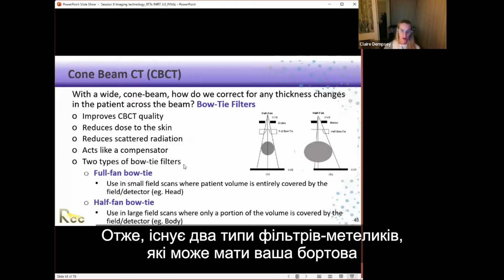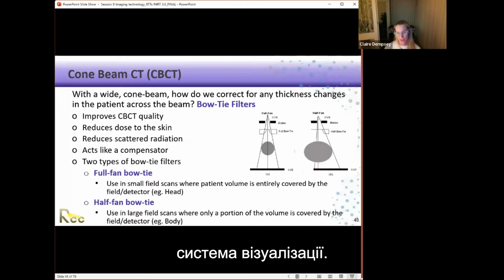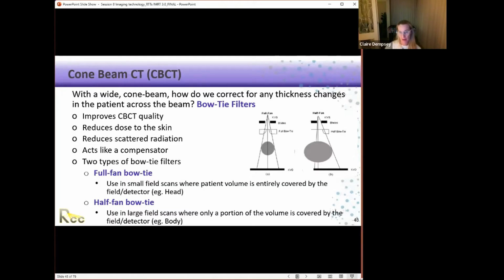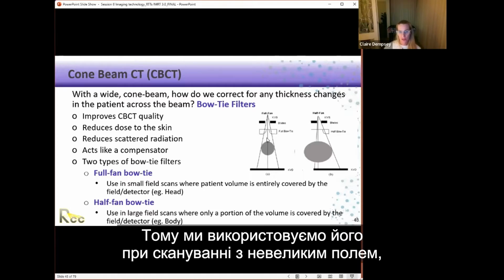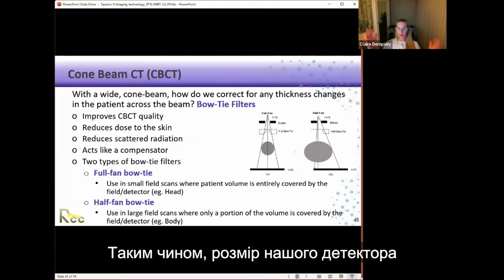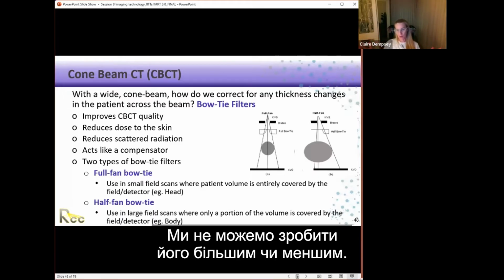There are two types of bow tie filters that your onboard imaging system will have. One is called a full fan bow tie, that's this one here. We use that for small field scans where the patient volume is entirely covered by the detector. Our detector size is only a certain dimension; we can't make it bigger or smaller.